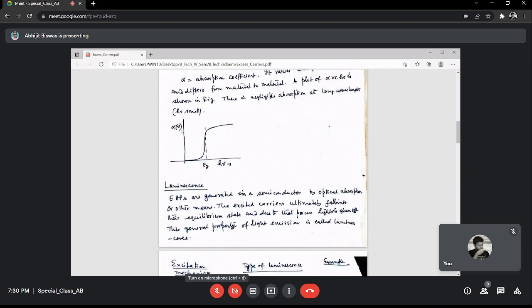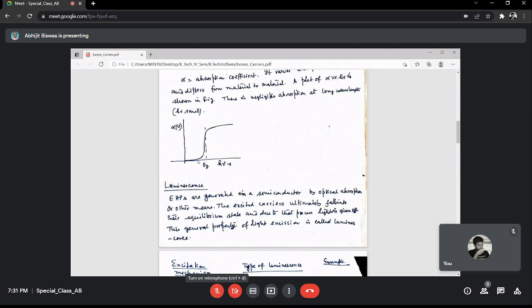The graph shows the variation of absorption coefficient with energy. It is very important that whenever the energy of the photon is less than Eg, the absorption is very less, almost negligible, because at that time the semiconductor behaves like a transparent material.